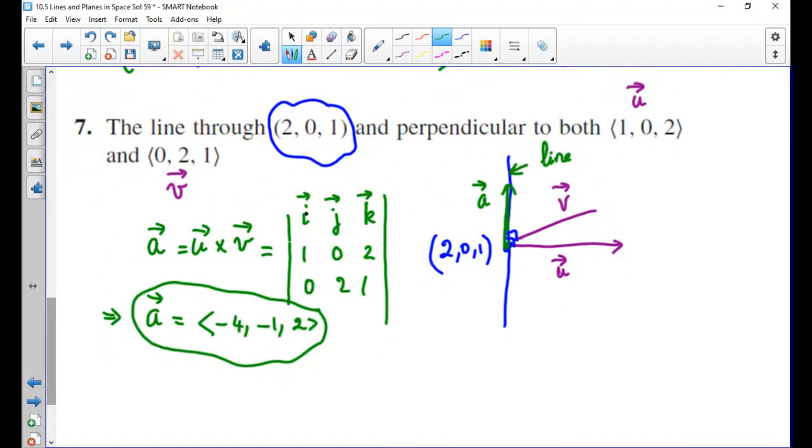So we have the vector, we have the point, so we can write the equation without too many problems.